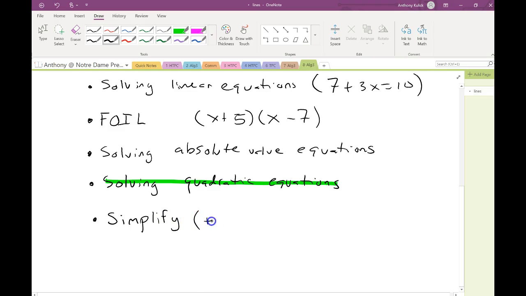And what we mean by simplifying is we mean add, subtract, multiply, or divide some algebraic terms. So like 5x times 7x minus 3x squared or something. And be able to simplify that into like a single term. So this again is something that I would expect that we've spent some time with.